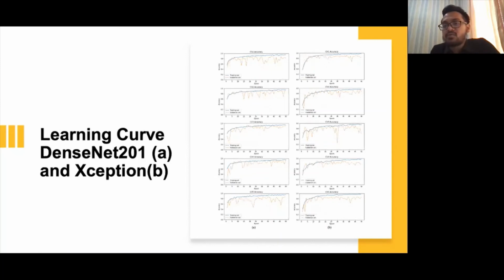And this is the learning curve of the DenseNet 201 and Xception architectures. As a result, DenseNet and Xception accuracy converge at each epoch for the training and validation datasets.